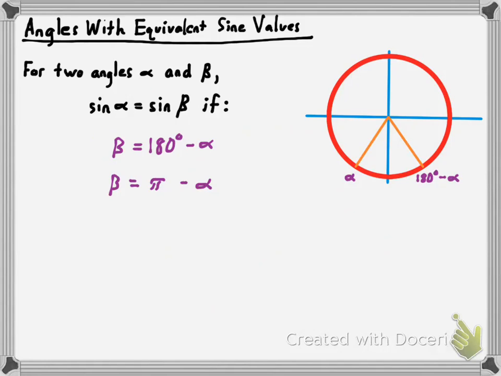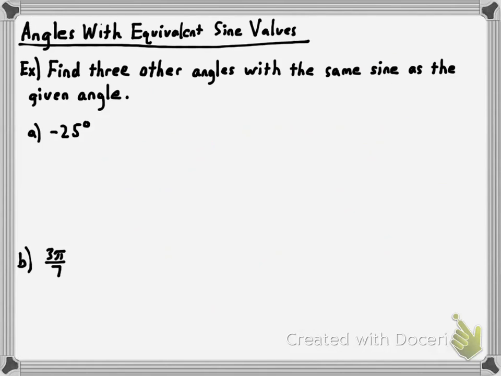Now let's put that into practice a little bit. Let's say I wanted to find three other angles with the same sine as negative 25 degrees. All right. Well, here's what I'm going to do first. I'm going to find out what is 180 minus negative 25, because that angle will have the same sine value.